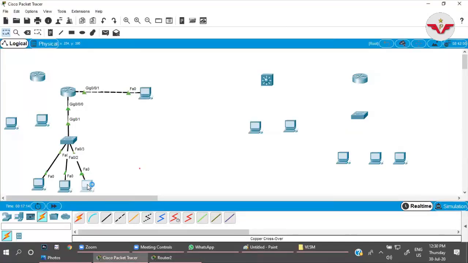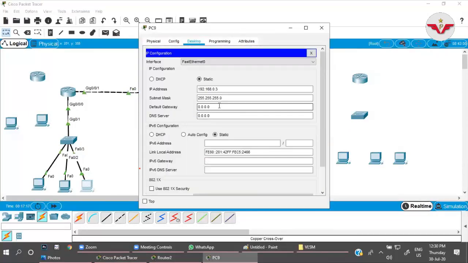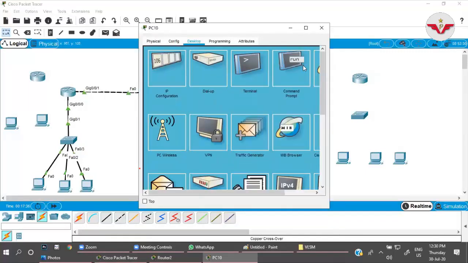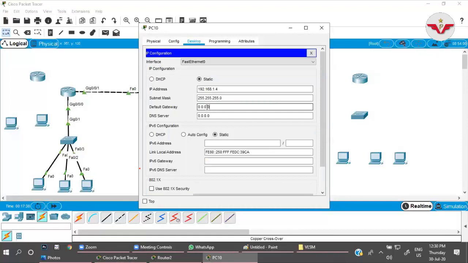You have to confirm for every PC that it is 0.10. Because for every PC on this network, the gateway is the same; if they want to go to a different network, the router is the same. So for all these PCs the default gateway is 0.10, and for this PC the default gateway is 1.10.